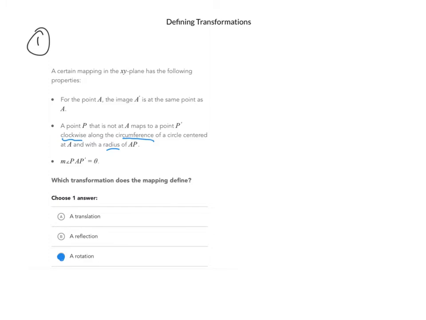So basically, we're going to have a point, could be like along a circle here. All right, sorry, it wasn't P, it was A. A is the center. A and A prime are both going to be right here because they're the exact same point. And then you could have a point P on the circle, and then another point P prime.